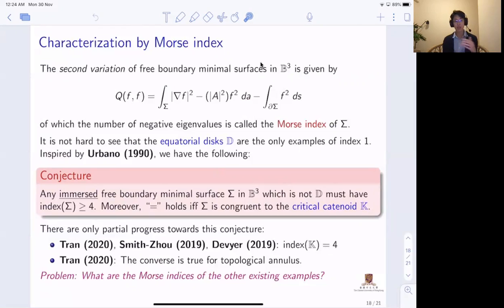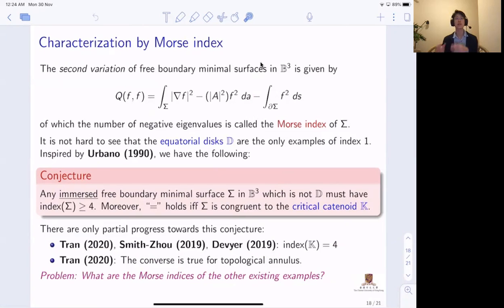So remember that in the closed case, Urbano proved that the next smallest index is 5, and that's only achieved by the Clifford torus. So now the conjecture here is whether the critical catenoid achieves the next smallest index. In fact, the index has been computed to be 4. So this was an independent result of Tran, Smith, Zhou, and Devyver.